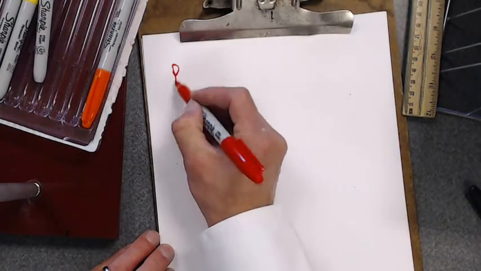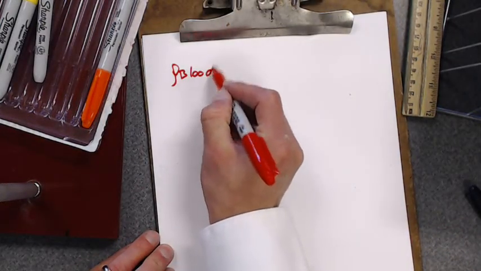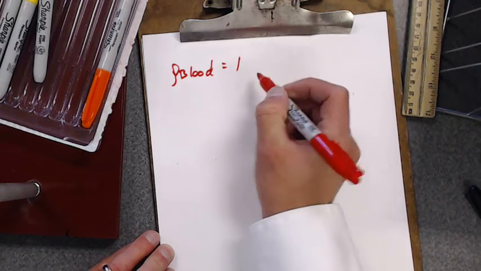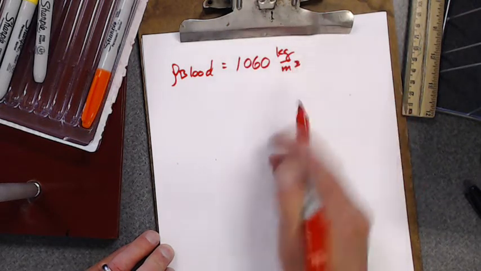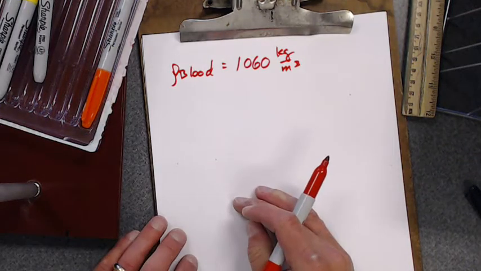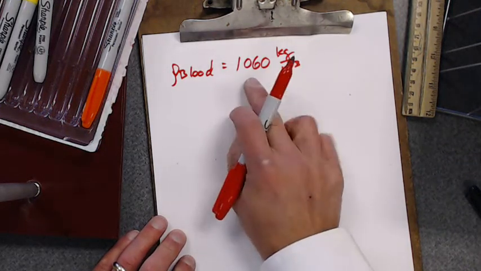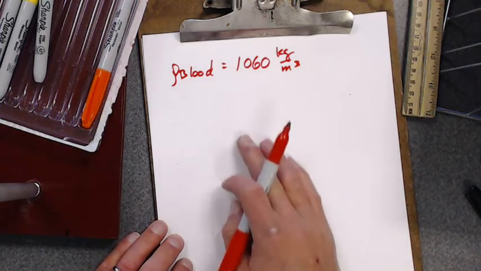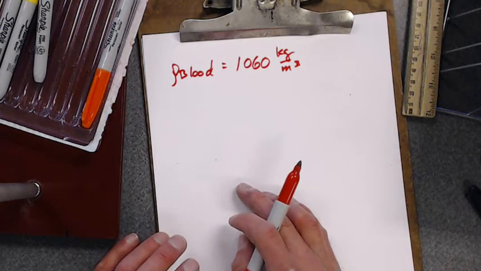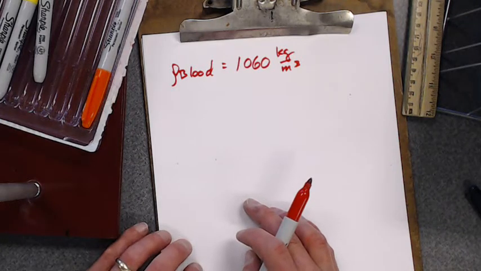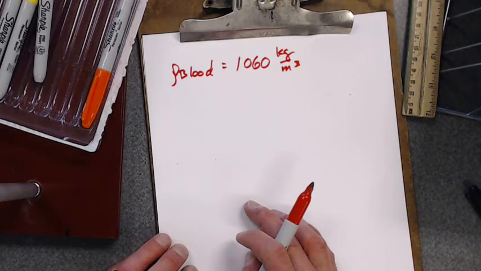Well, the density of blood is 1,060 kilograms per cubic meter of blood. It's not 1,000. Notice it's mostly water, but there's some other stuff in it: red blood cells, white blood cells, antibodies, and other things you learn in your biology class.